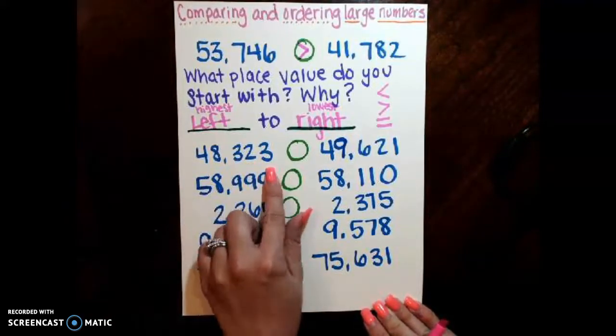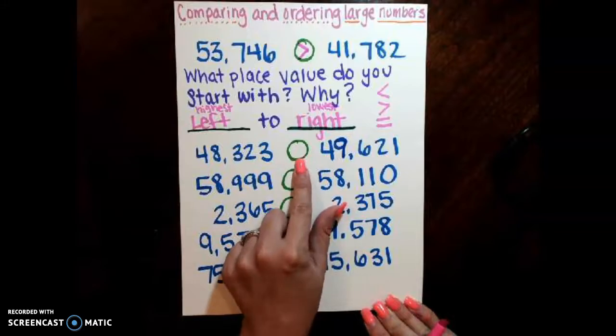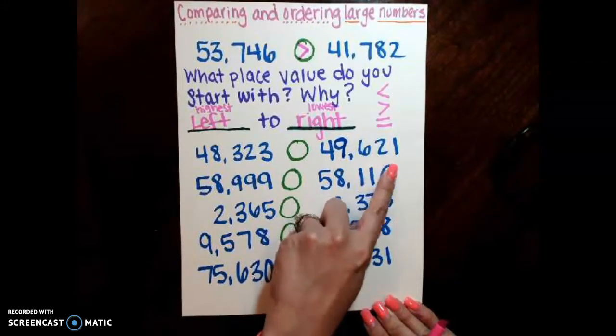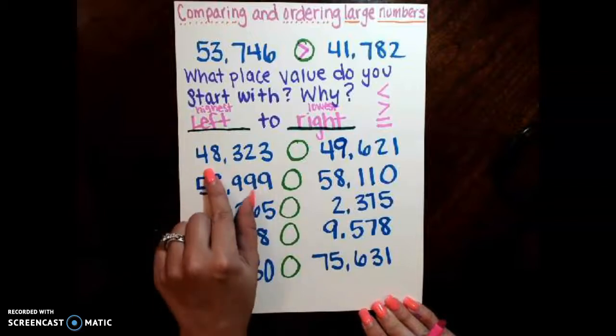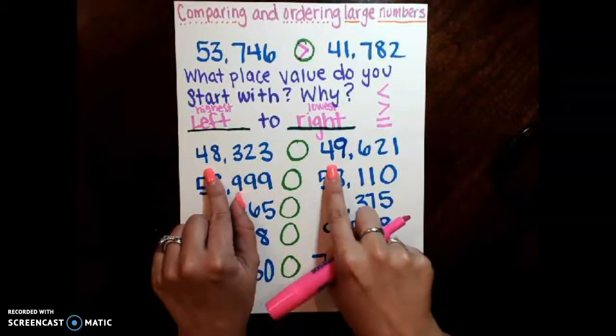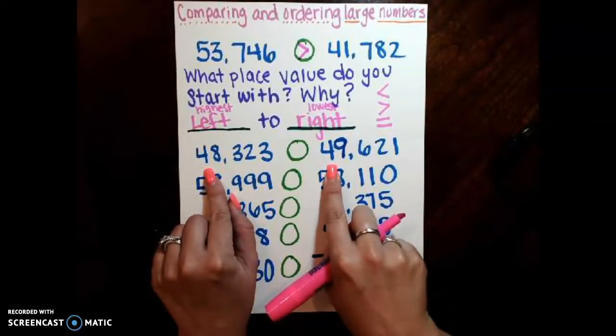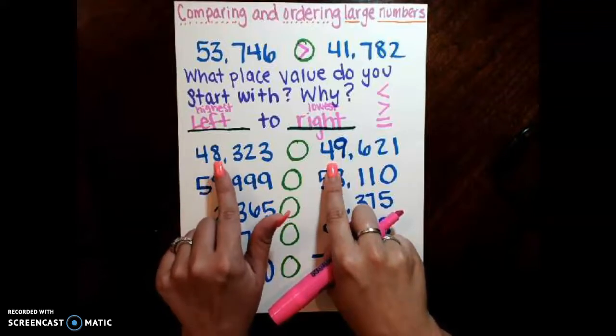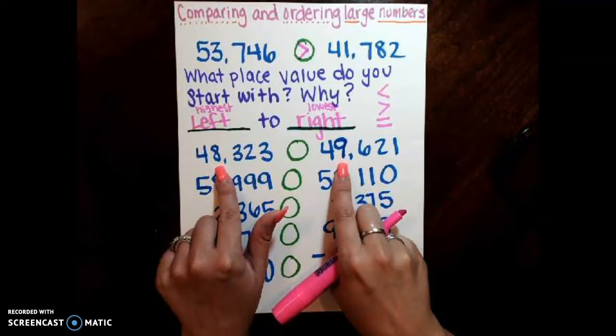So let's look at some more examples. 48,323, is it greater than, less than, or equal to 49,621? Both of them have a spot in the 10,000s place, okay? So we're going to look. This one is a 4 and this one is a 4. So right now they're equal, okay? This one has an 8 and this one has a 9.